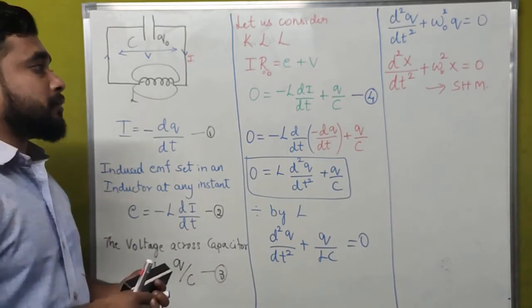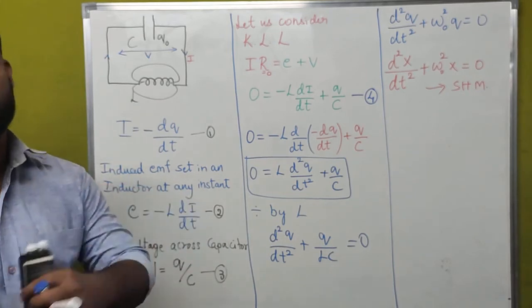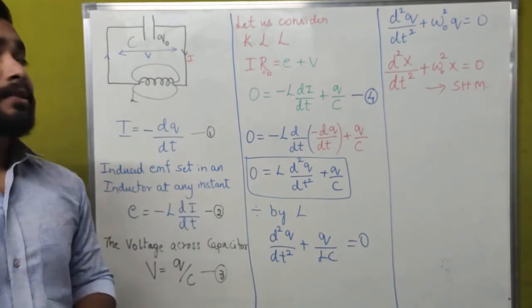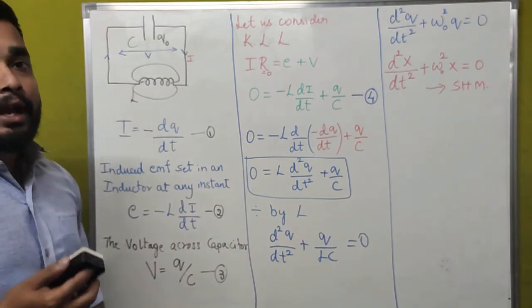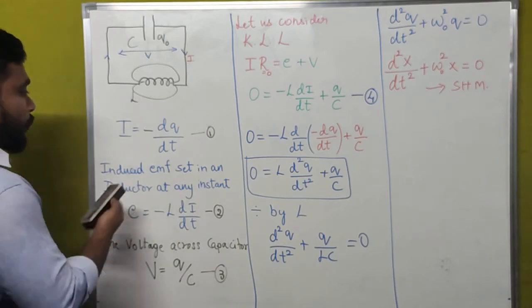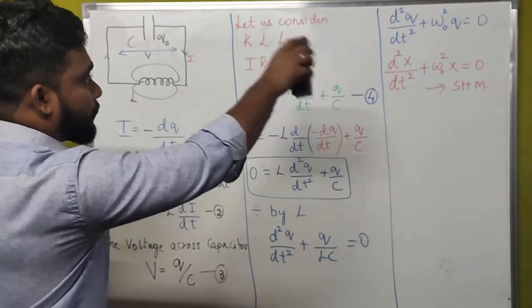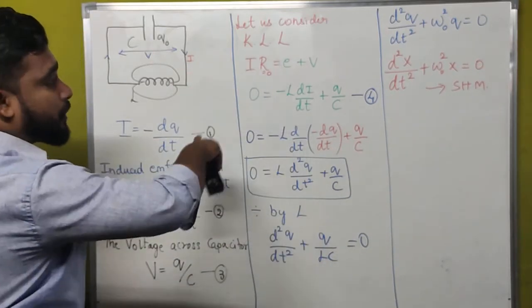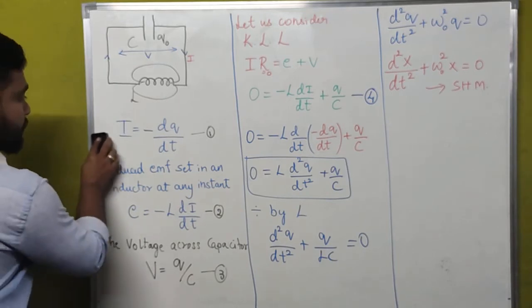Oscillatory means the charge has to travel in a sinusoidal format. The charge that is discharging from a capacitor has to move or travel in a sinusoidal manner. For that, we are going to consider those equations. There is no need of all these things. This is a half part of the derivation, and we have to continue by deriving the other part.